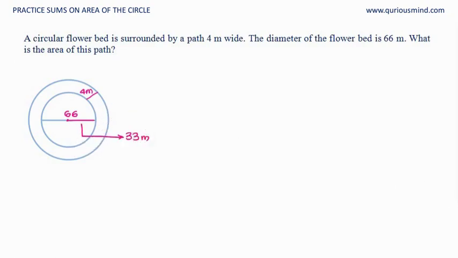And if that radius is 33 and this path is 4 meter wide, what is the radius of the outer end of path? It is going to be 37 meter. So let's write this. The radius of flower bed, we'll call it Ri, equal to 33 meters.